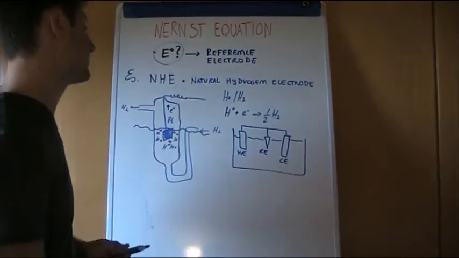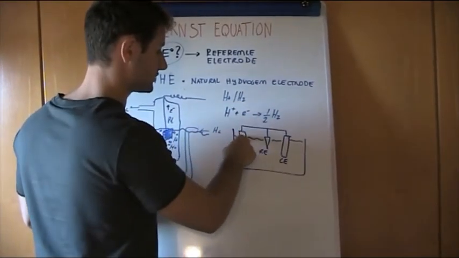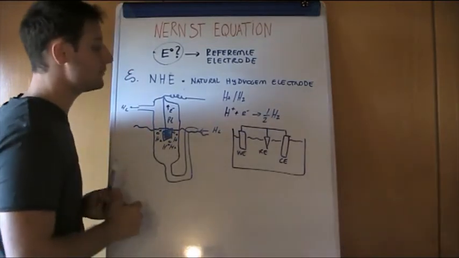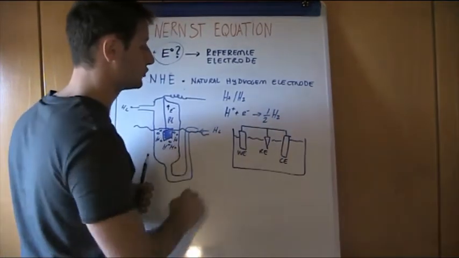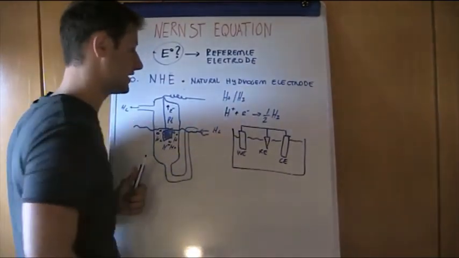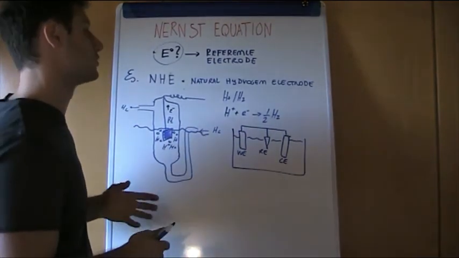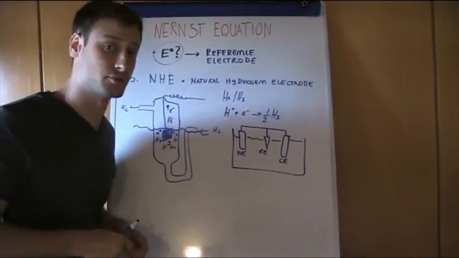We have described previously how it's possible to know the potential difference between this electrode and this electrode, but without the reference electrode it's impossible to know the single electrode potential. If we introduce a reference electrode here, also in this case it's impossible to know the electrode potential directly.